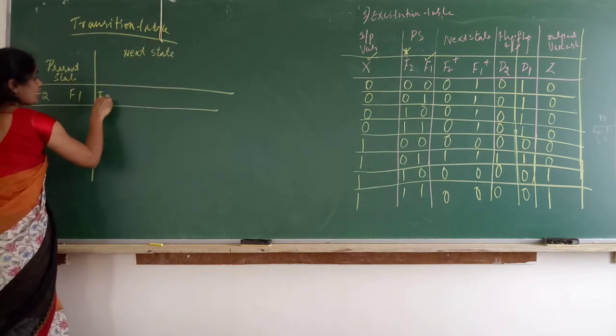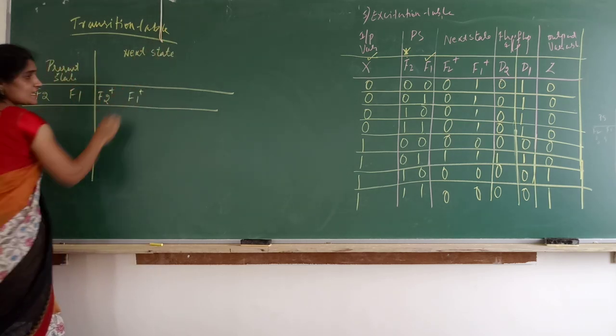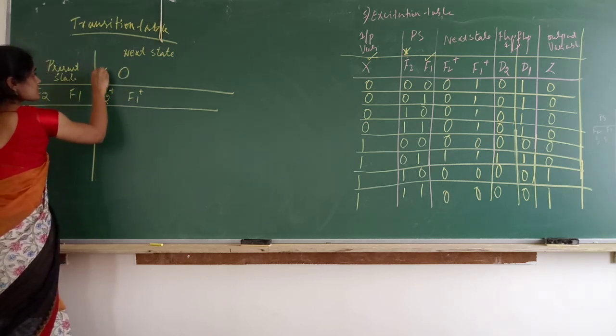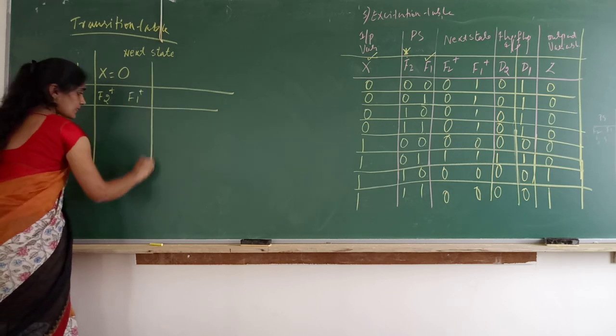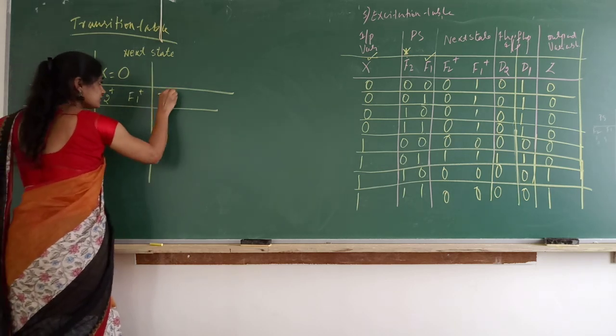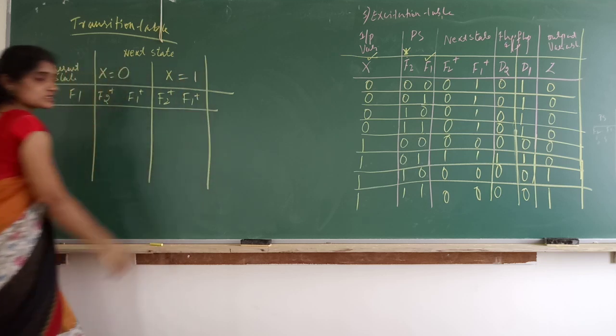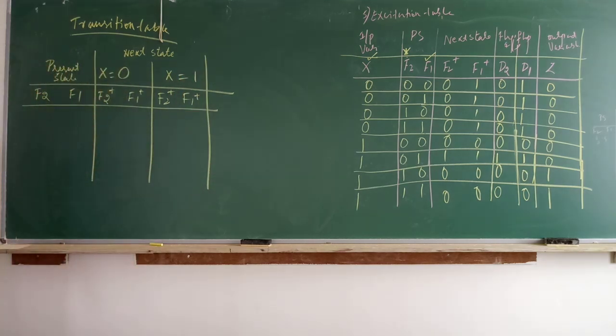What is that? F2 plus, F1 plus when X is 0. This is X. When X is 0, next state. When X is 1. This is how we write the transition table.